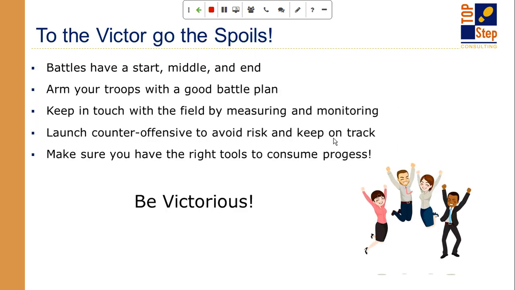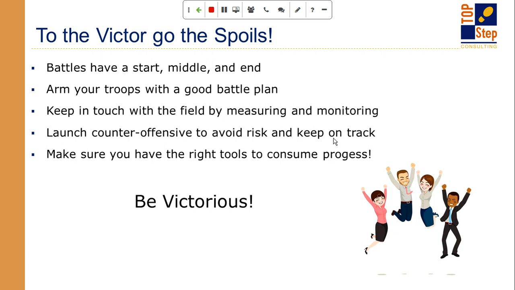So before I open up for questions, really understand that a project itself has a start, a middle, and an end. So what you want to do is at the start have a good battle plan. Make sure you understand what is going to happen on the project. And then as you're executing the project, make sure you have field measures in place. You have the scouts out there letting you know, keeping information in check as you're delivering the projects.